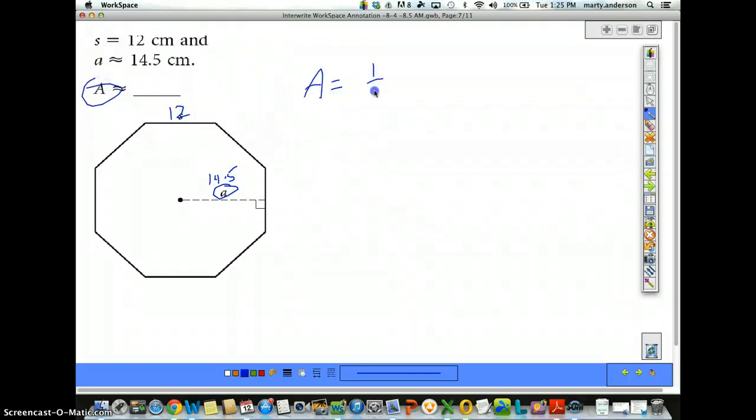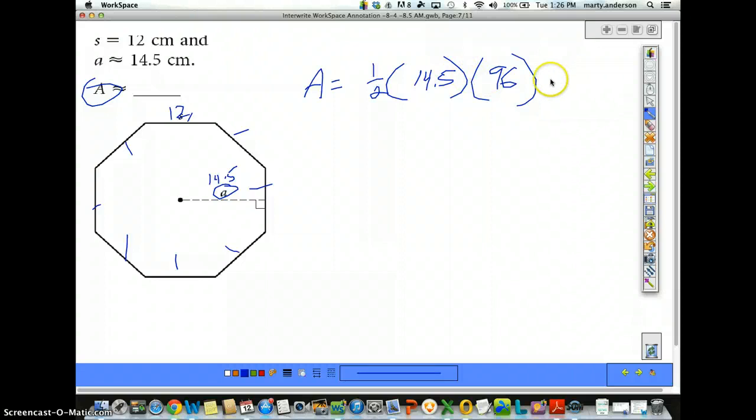Area equals 1/2 times the apothem times the perimeter. 12 times 1, 2, 3, 4, 5, 6, 7, 8. It's an octagon. 12 times 8 is 96. 1/2 times 14.5 times 96.